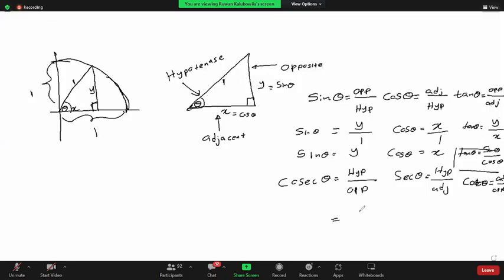So this should be equal to 1 by y, 1 by x, and cos theta over sine theta. You have to memorize this relationship. Basic functions: sine theta, cos theta, tan theta. Then their inverse functions: cosec theta, sec theta, cot theta.